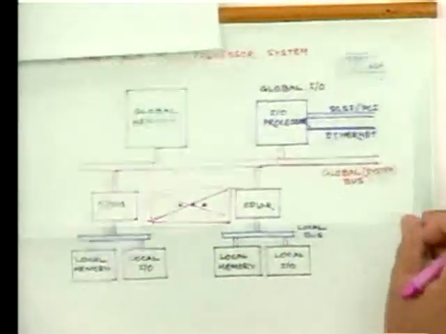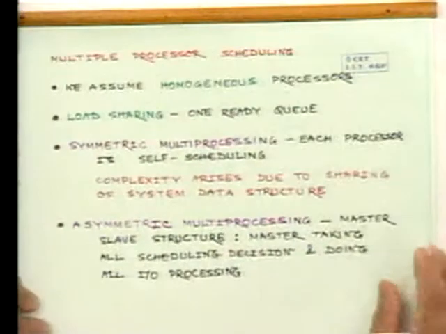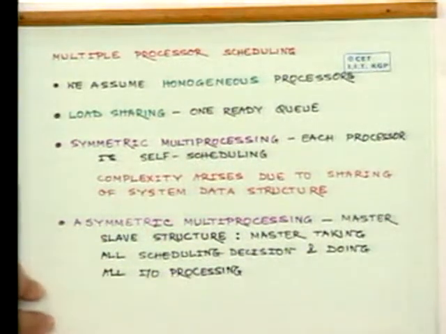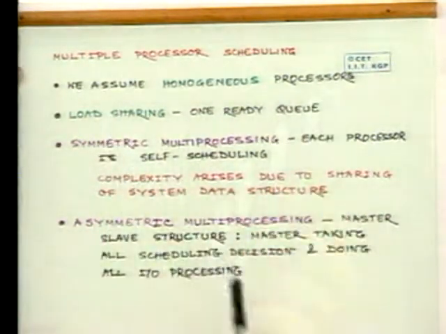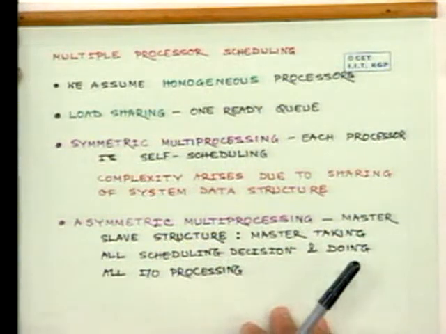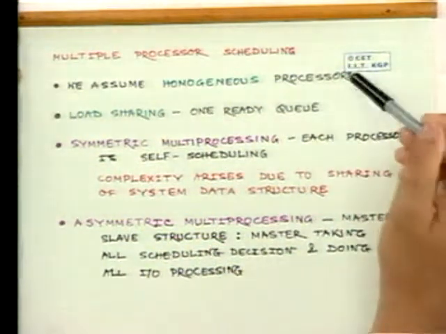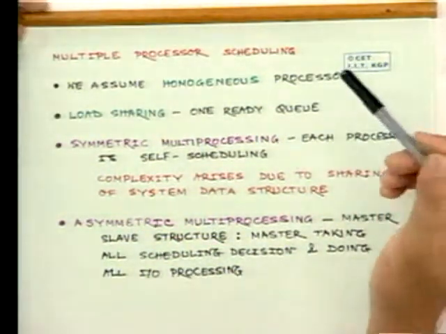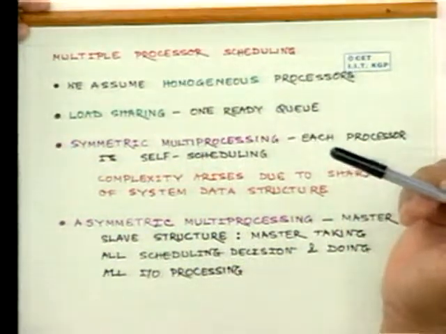our multiprocessor architecture is concerned. Let me summarize what I have said in the case of multiprocessor scheduling, that we assume homogeneous processors. Naturally, MIMD architecture is assumed here, and a tightly coupled system is assumed.